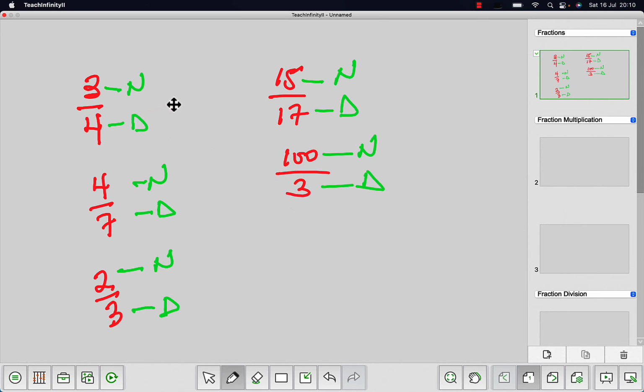Now these fractions can also be written as 3 divided by 4. You got it? 4 divided by 7. So this division sign here is the same as this bar here. So this division can also be that, it can also be this.